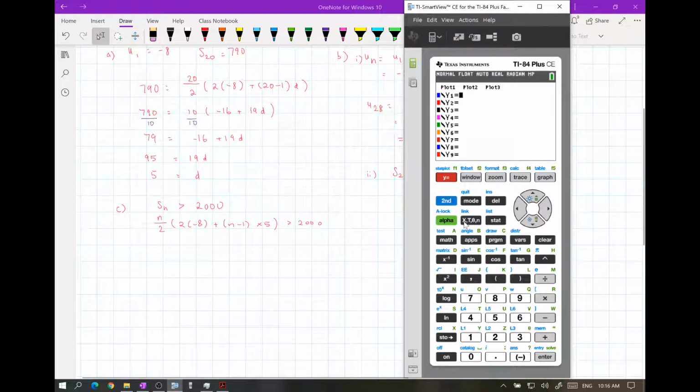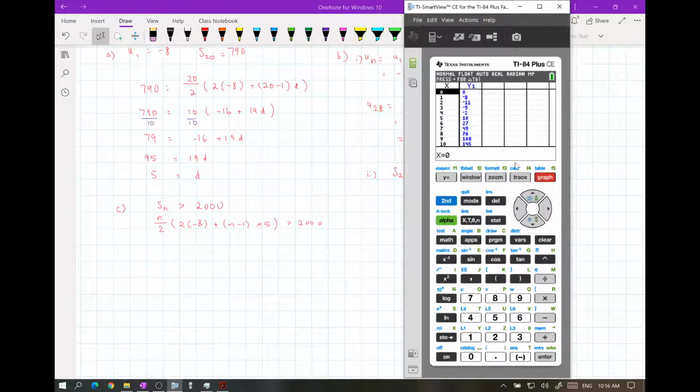So what we do is type it in. We're going to replace n with x. So we have x over 2 times (2 times -8 plus (n minus 1) times 5). Then we go to the table of values, and we're just going to scroll down until it goes above 2000.